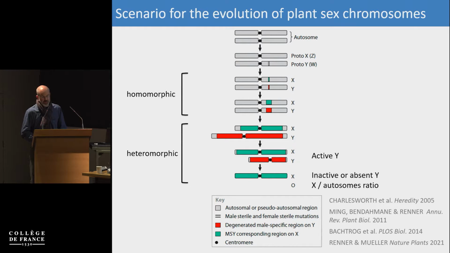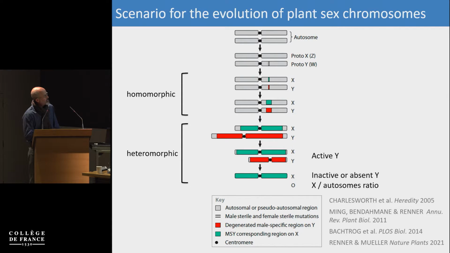Sex chromosomes originate from an autosome, on which a sex-determining gene or several sex-determining genes evolve, and then recombination is suppressed. This non-recombining region can grow quite large, and the non-recombining part of the Y chromosome accumulates repeats and loses genes.